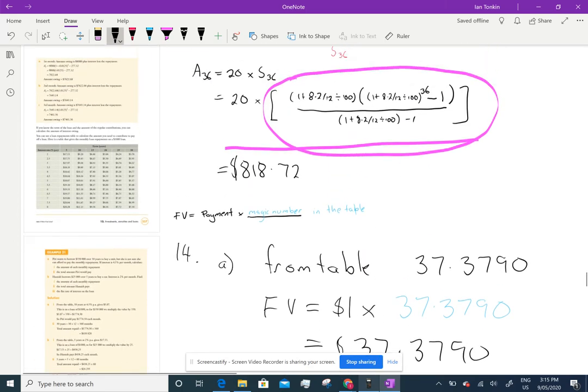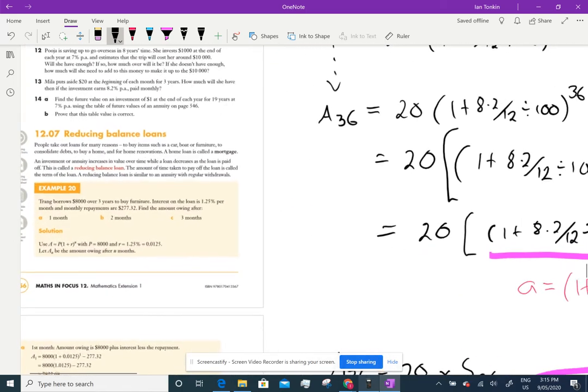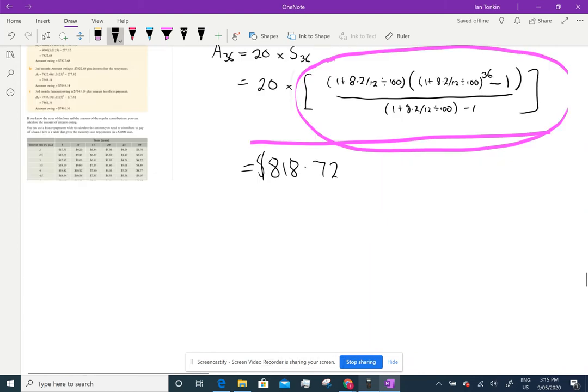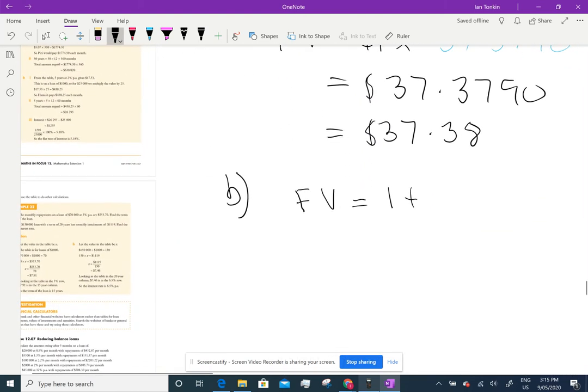Now, am I putting it in at the end? End of each year. So I'm going to use my A1. A1, at the end of the first year, I got a buck. At the end of the second year, I've got 1 times 1.07, 7%, all right, plus a buck.